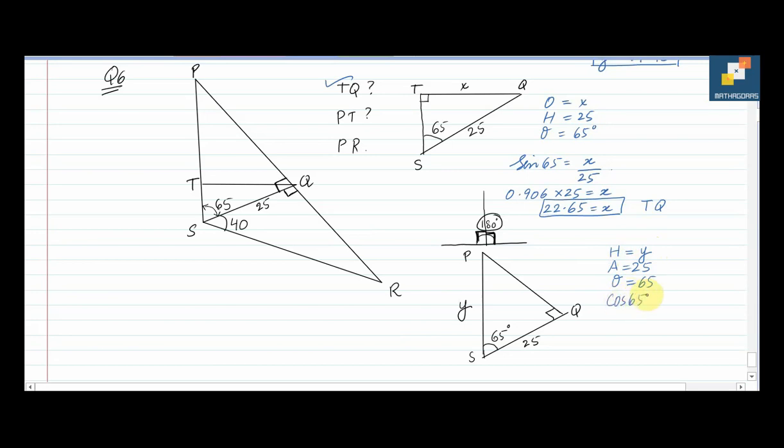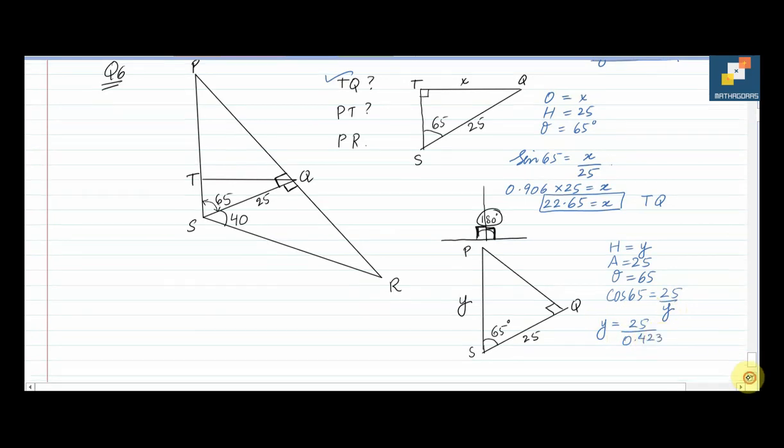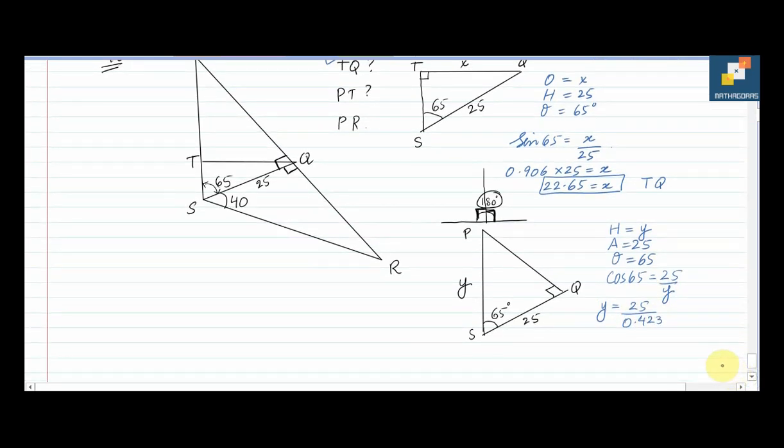So cos 65 is equals to adjacent divided by hypotenuse, and Y is equals to 25 divided by the value of cos 65, which is 0.423. If you divide 25 by 0.423, it's 59.1. So the value of Y is 59.1.